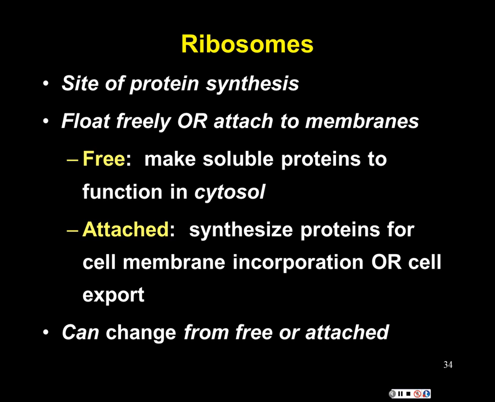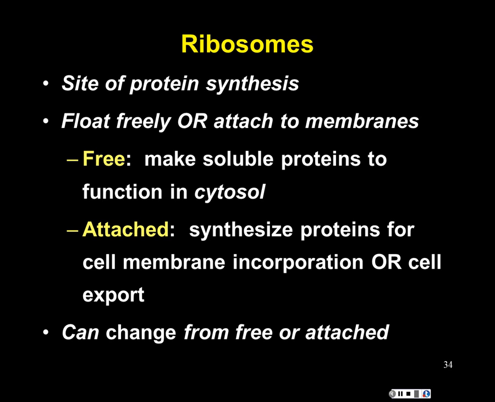If a ribosome is associated with the membrane, the protein that it makes is going to go out. Or if a ribosome is not associated with the membrane and it makes a protein, that protein is going to stay inside of the cell. And if you remember from your basic gen bio, a ribosome is only working when it's fully complexed. So it can join and disassociate.